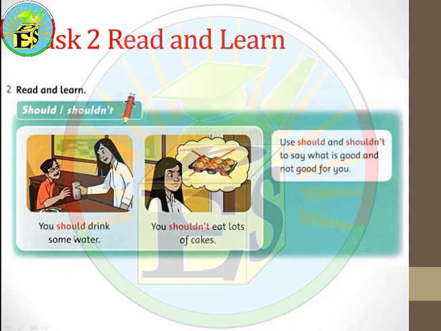You should drink some water, which means that it is good to drink some water. The second picture. You shouldn't eat lots of cakes. Shouldn't means not good. So, it is not good to eat lots of cakes.